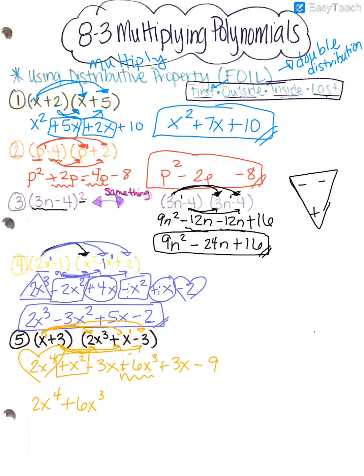Then we have plus x squared. And then notice here, we do have negative 3x and 3x, but those cancel out. So you don't have to write down the 0x because they actually canceled out, they zero out. And then the last thing we have remaining is the minus 9. And that should be your final answer.